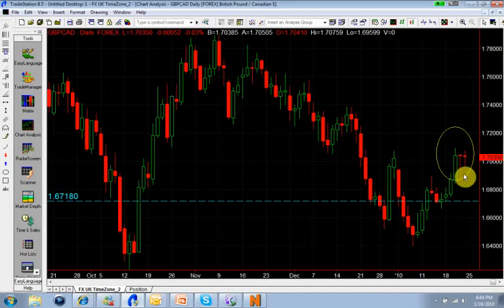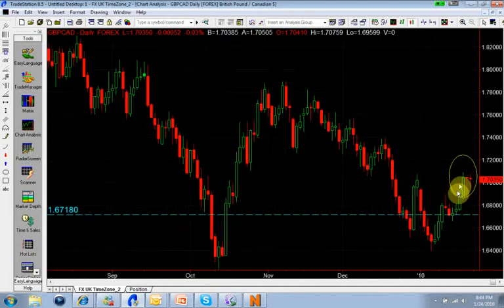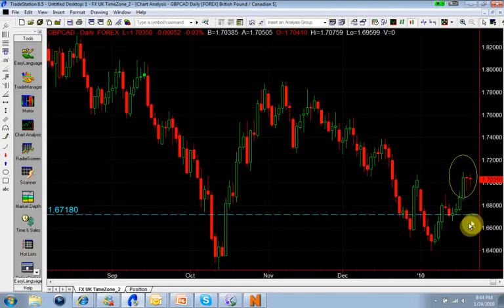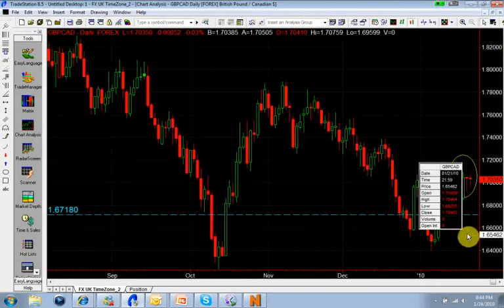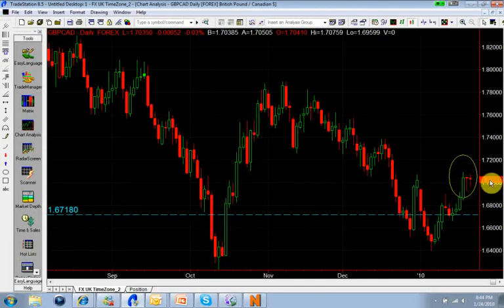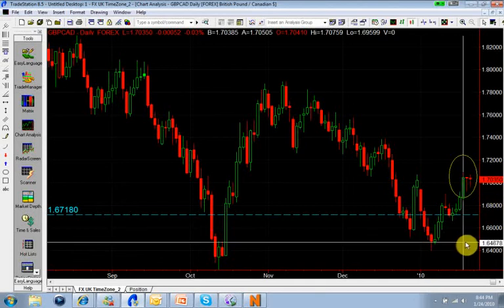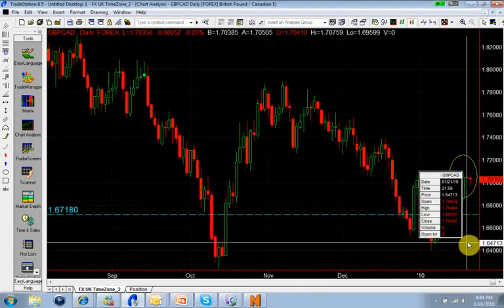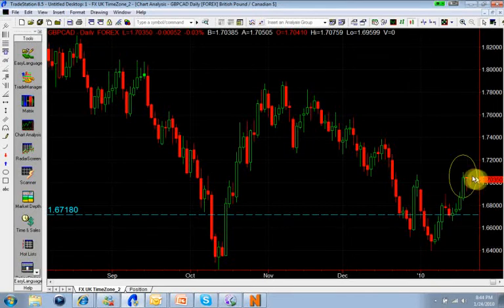So with this, I can have a fairly low-risk entry to the upside as far as the pound CAD. We closed at 107.03. Last week's high was 107.46. Okay, so we have a low-risk entry to the upside.